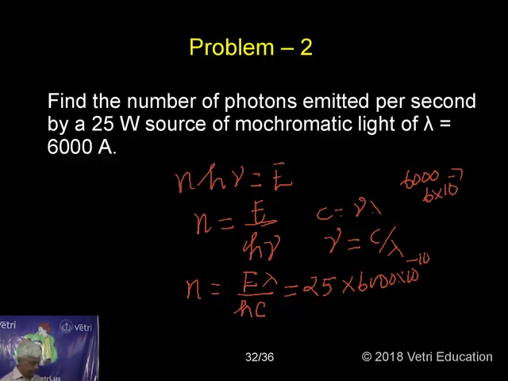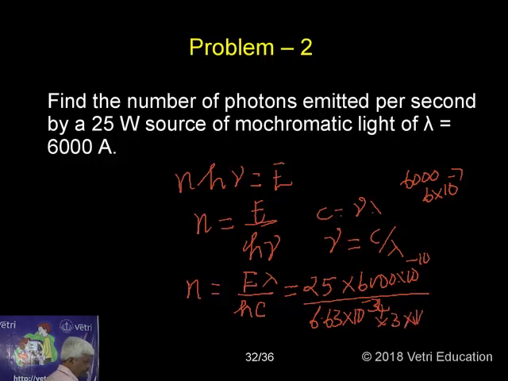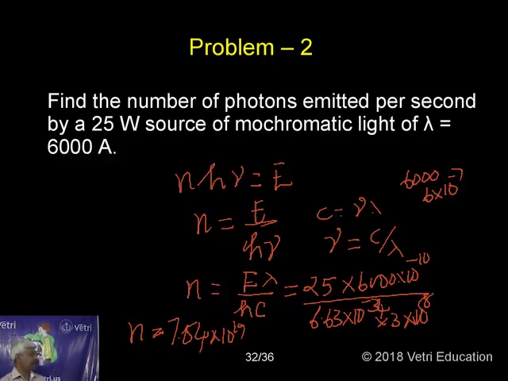The whole divided by h, Planck's constant 6.63 into 10 power minus 34, into C, which you also know, 3 into 10 power 8. On simplification, the number becomes 7.54 into 10 power 19 photons emitted per second.